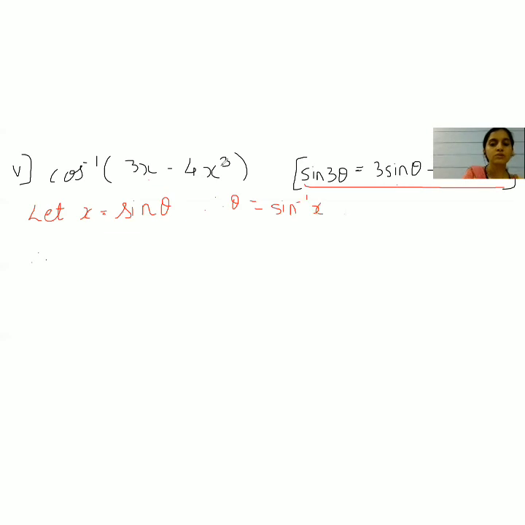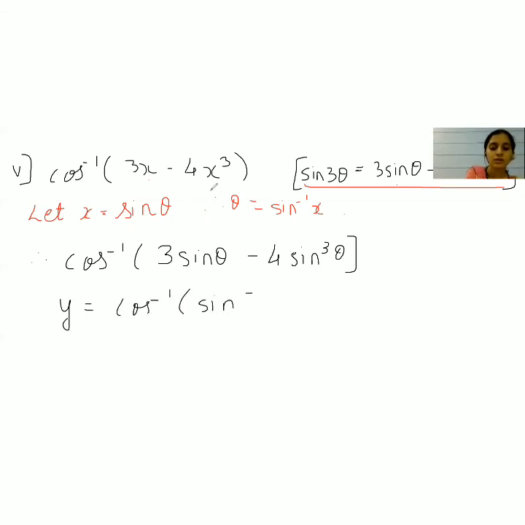This is important to write. Now we will write the cos inverse. So cos inverse of 3 sine theta minus 4 sine cube theta. And from the formula, what is that? It is sine 3 theta. So y is equal to cos inverse of bracket sine 3 theta.